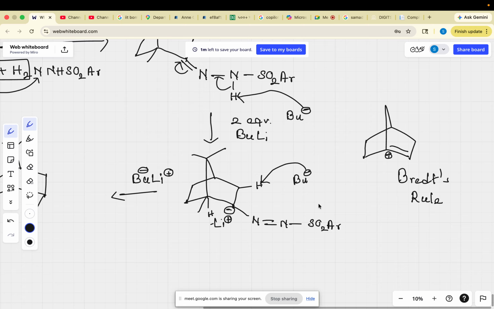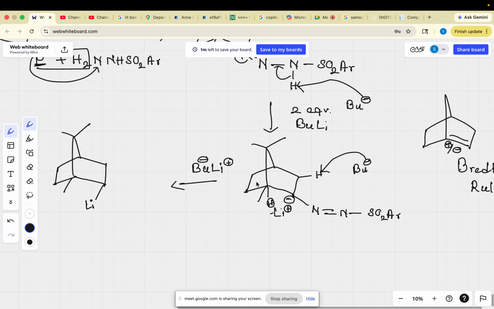Clear? If you abstract this proton, you are getting a carbanion. So carbocation or carbanion or double bond is not possible in this bridging position. This is violating your Bredt's rule.